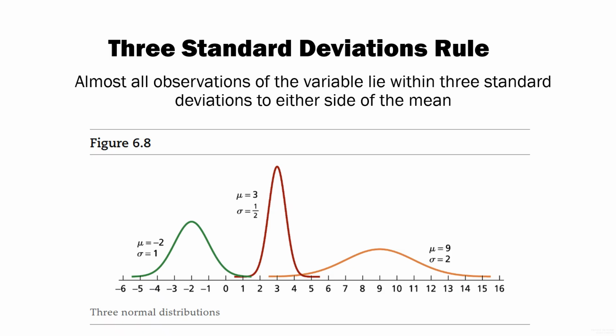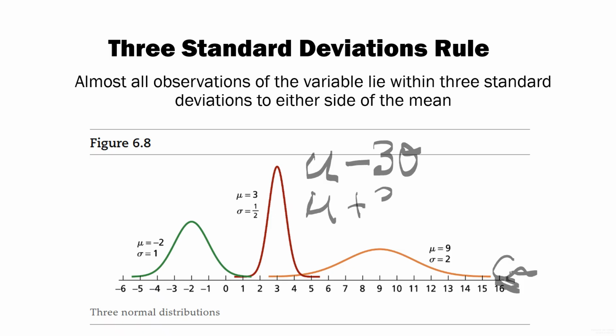So, for example, if we look at the third normal distribution here, the orange line, we can apply the three standard deviations rule. Mu minus 3 times the standard deviation will be the lower limit, and mu plus 3 times the standard deviation will be the upper limit.